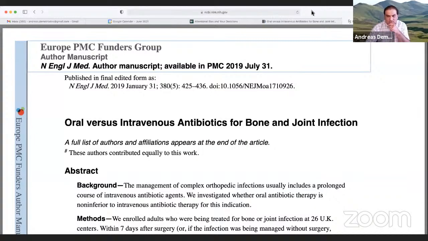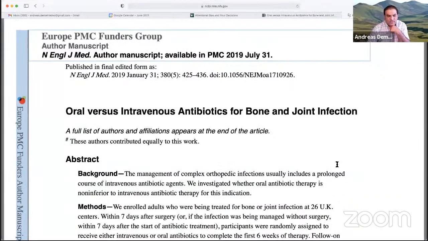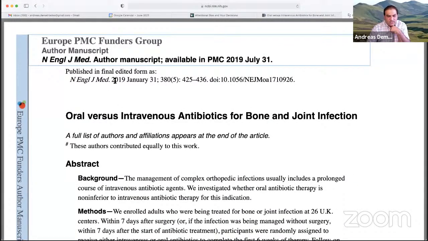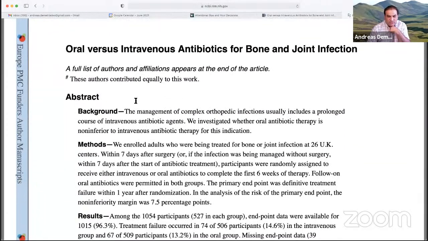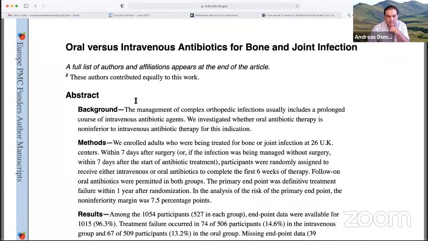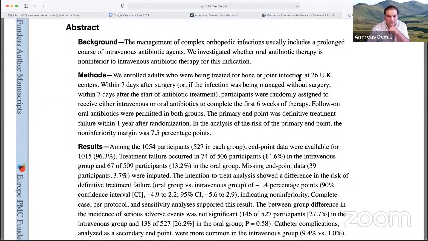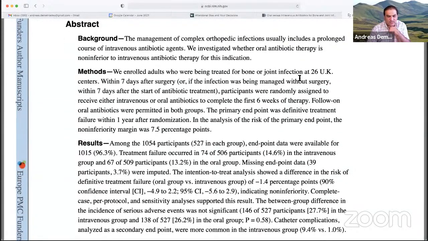It's not the traditional PDF view, but this is only 2019, so it's 2 years old. It's not specific for spine, but it is for bone and joint infection, which is what spondylodiscitis is in the group of.